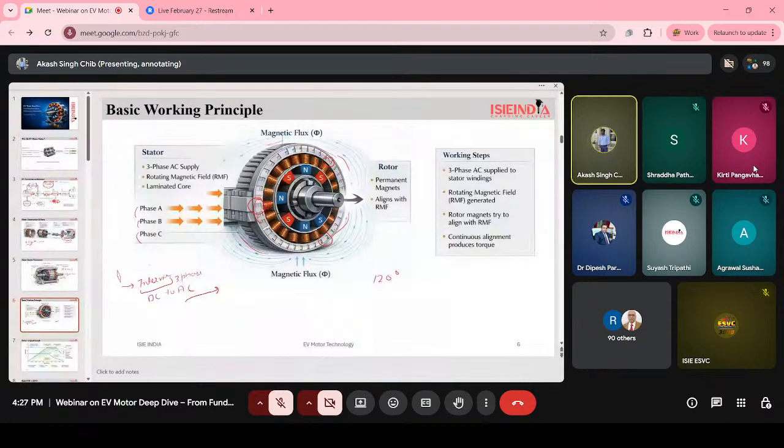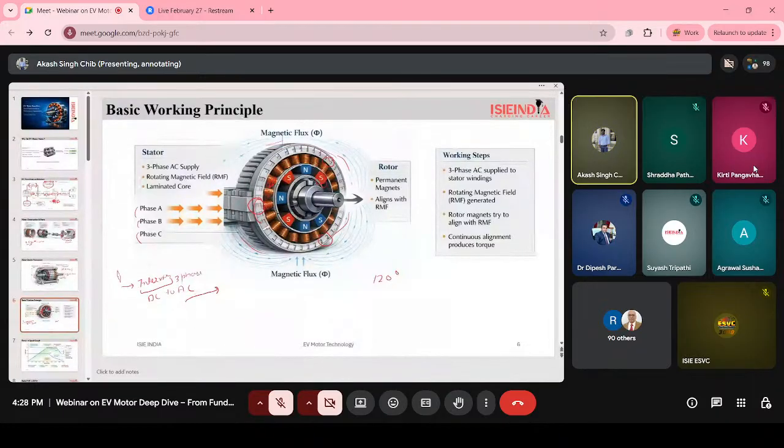Then comes the rotor. In the rotor we have magnets inside, and these magnets try to align with the magnetic field which is generated inside the copper windings.